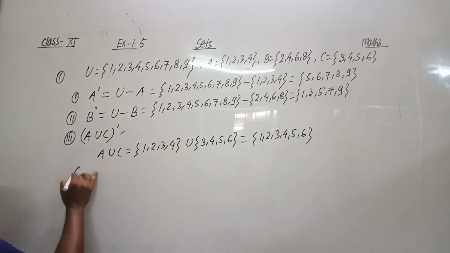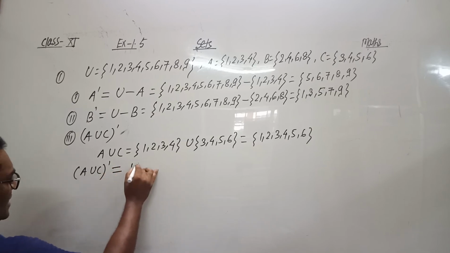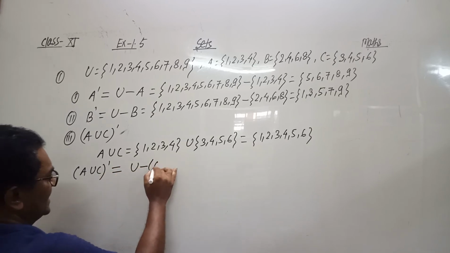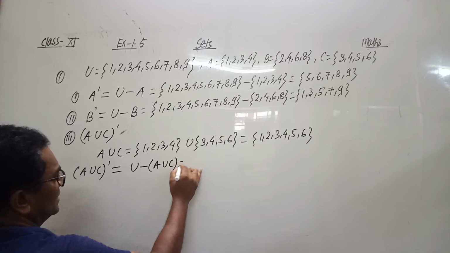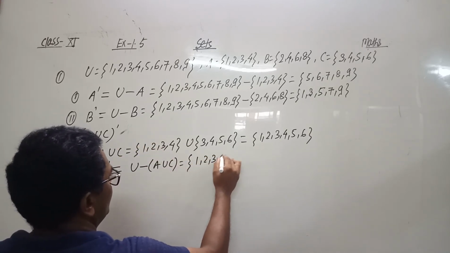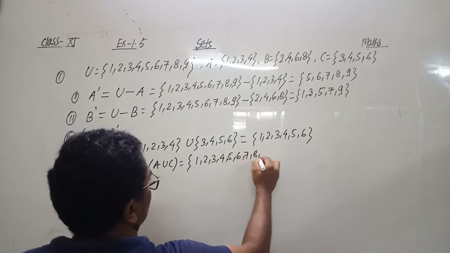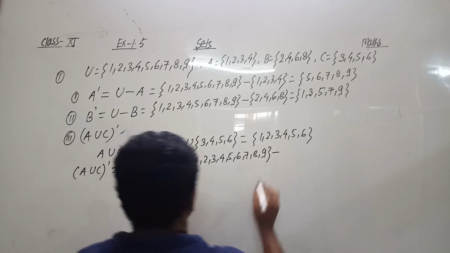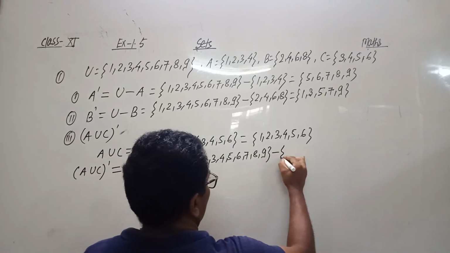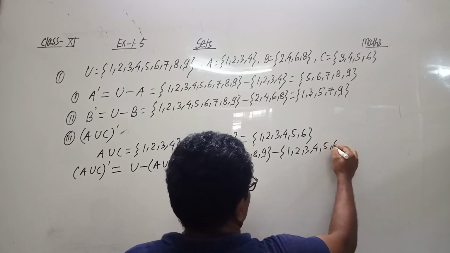And to find A union C dash, we use the formula universal set minus A union C. So universal set is 1, 2, 3, 4, 5, 6, 7, 8, 9 and minus A union C is 1, 2, 3, 4, 5 and 6.